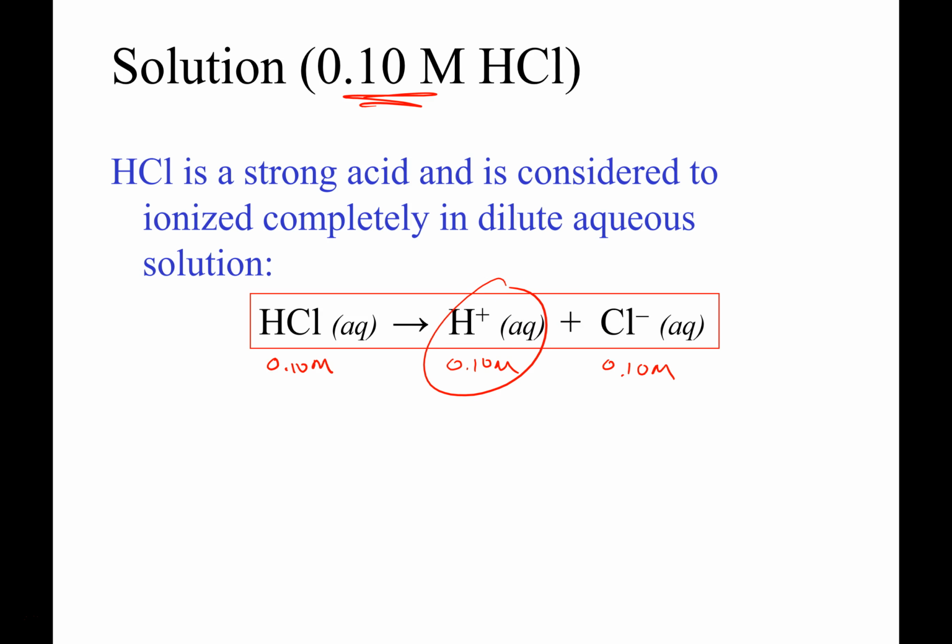The hydrogen ion concentration, 0.10 moles per liter. Well, a common thing to do next would be to grab your calculators and apply the P function. So take the log, I usually think of it as negative log of 0.1.